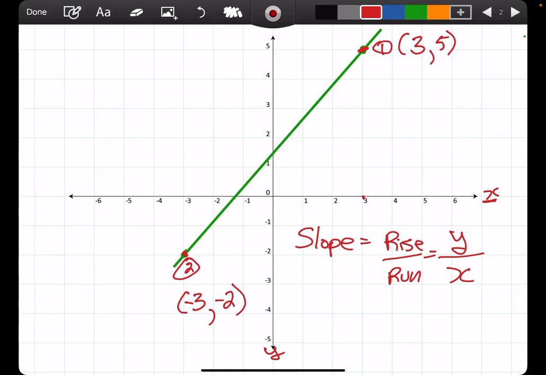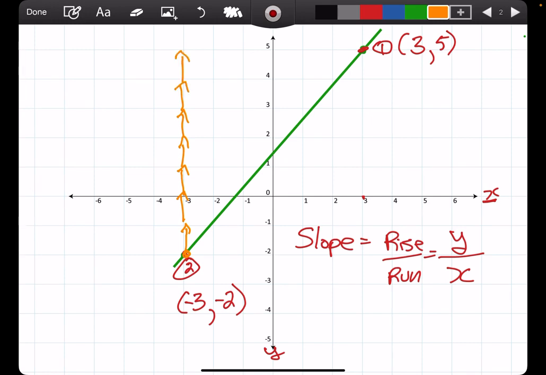Now, to find rise over run, all we're going to do is count. I've put these 2 key points in so that we count just like this. So we start at point number 2 in this case. I'm going to go up 1, 2, 3, 4, 5, 6, 7. So that's my rise.